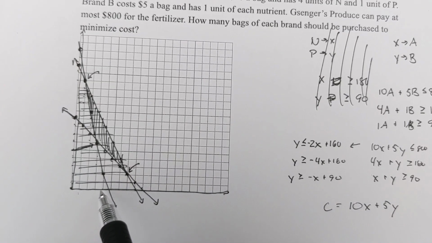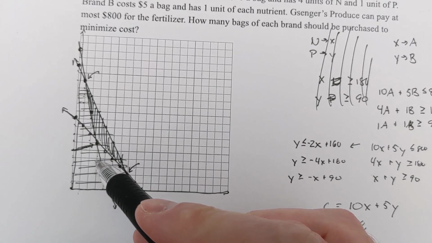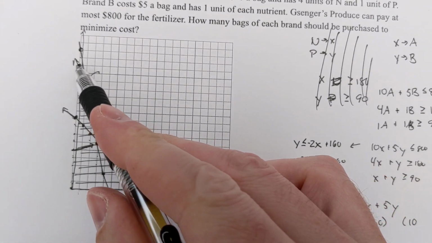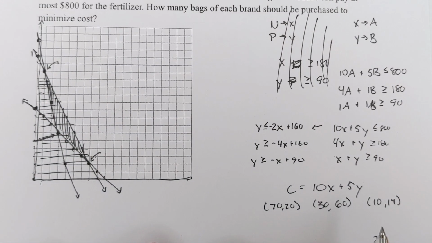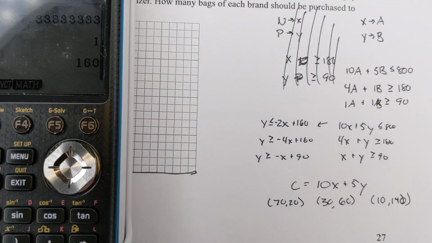So 70, 20. And 30, 60. And this one is over 10 and up, so that'd be 140. So I check those points and see which one gives me the smallest value.